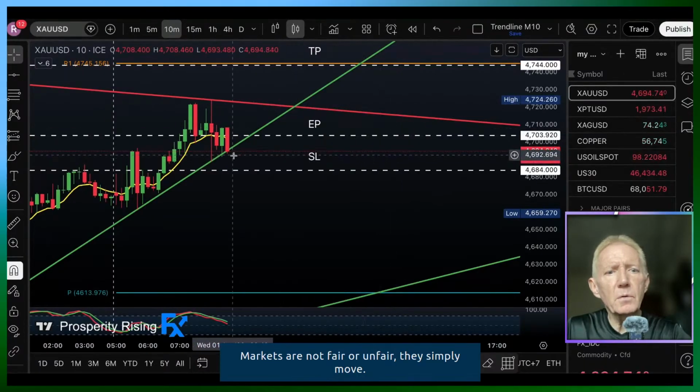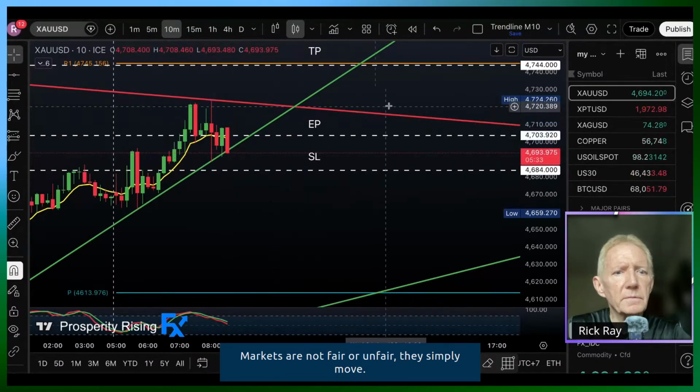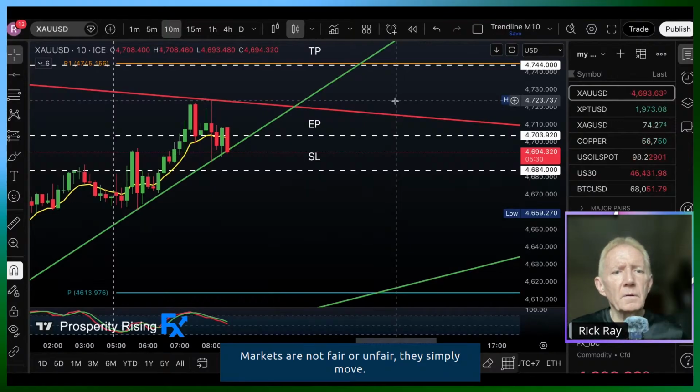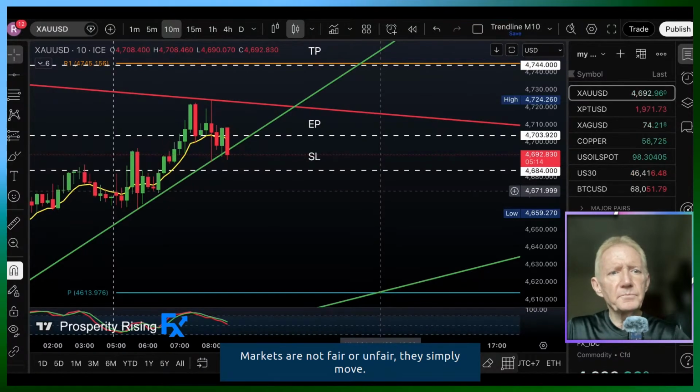Now, if it breaks below and closes below this trend line, I'm not going to go short because gold is bullish, and I think we will continue to see higher prices. Boy, it's just got its eyes on my stop loss. Look at that. It's got it in its sights.